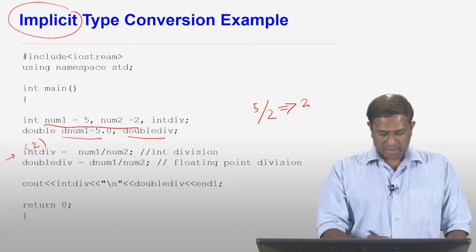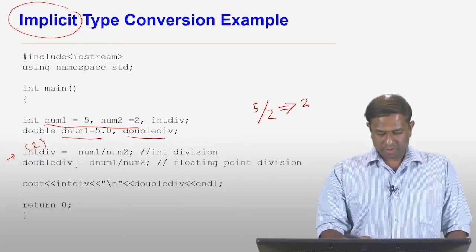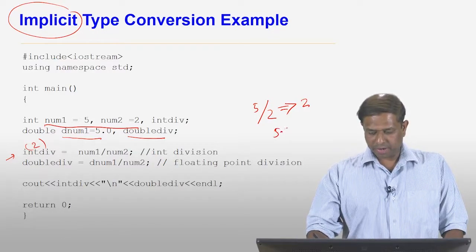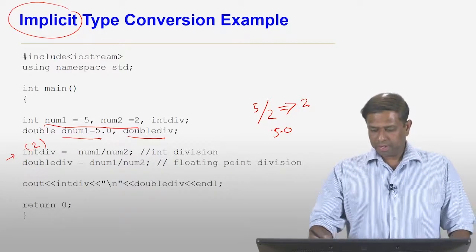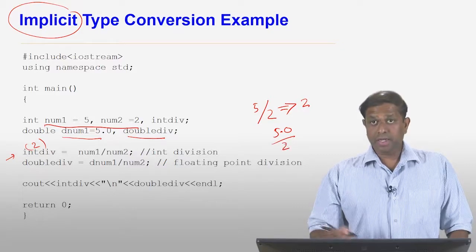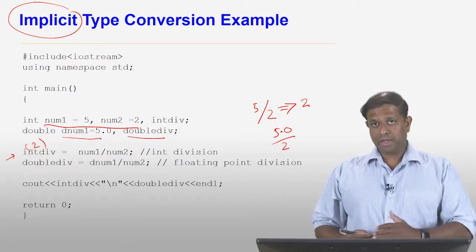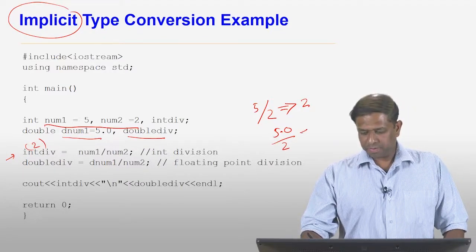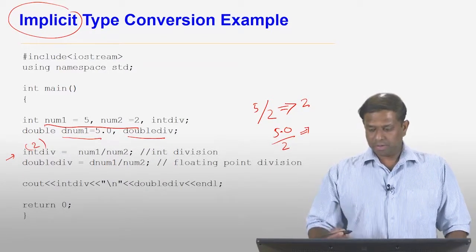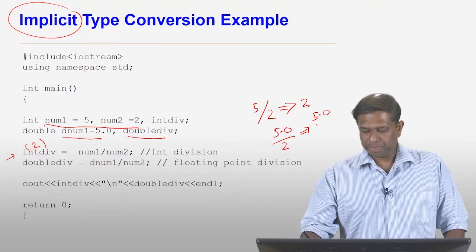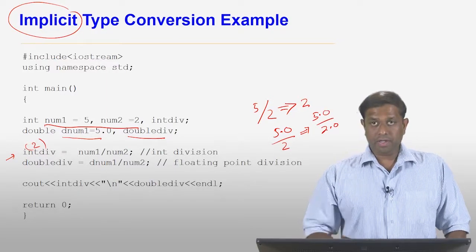Now, in this scenario we have double dev equals dnum1 divided by num2. dnum1 is 5.0, which is a double value, and num2 is an integer value 2. Since we cannot divide them as they are, we need to convert the integer value into a double value before we do the division. So it is 5.0 divided by 2.0.